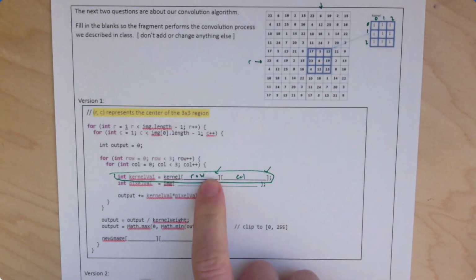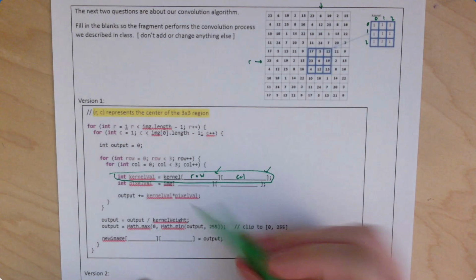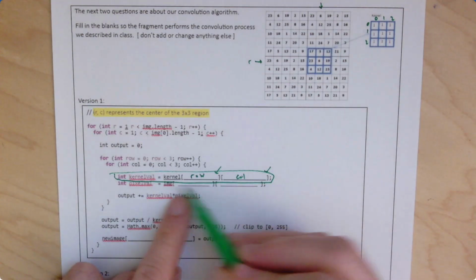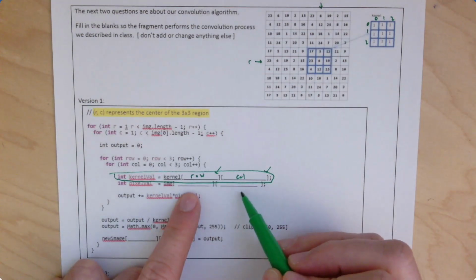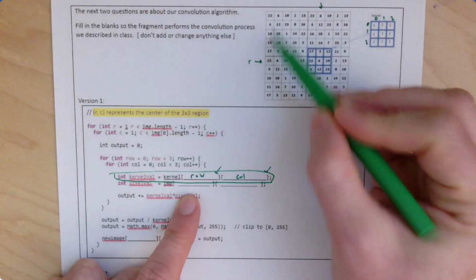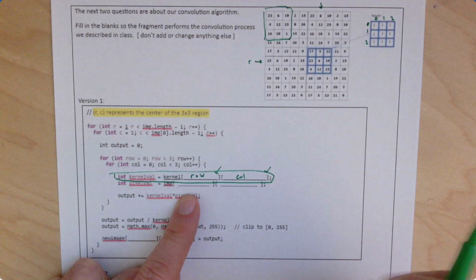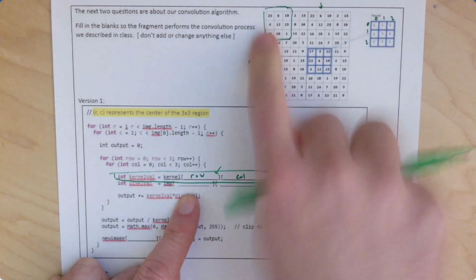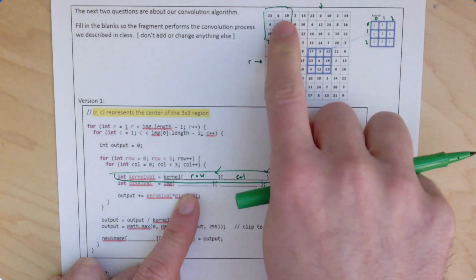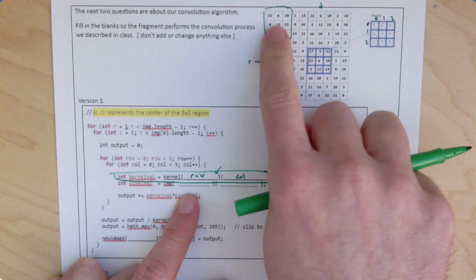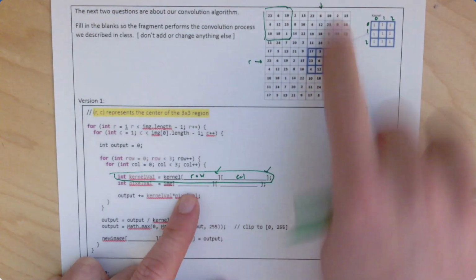I don't need to add or subtract anything. I couldn't use row and column here in the image because that would mean I'm accessing indices 0 through 2 of the image, which would be up here. But I don't always want to be looping over the upper left-hand corner of the image. I want to be looping over a region that's centered at RC.